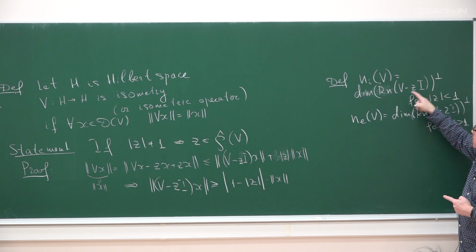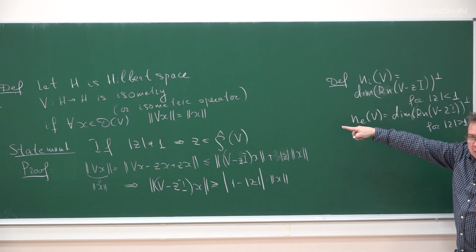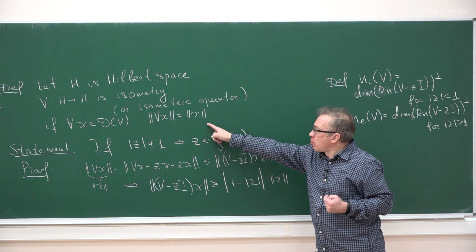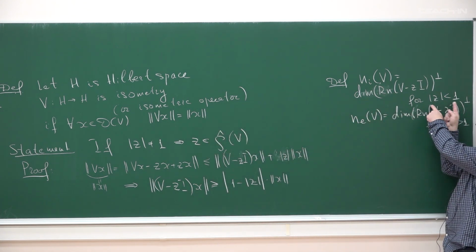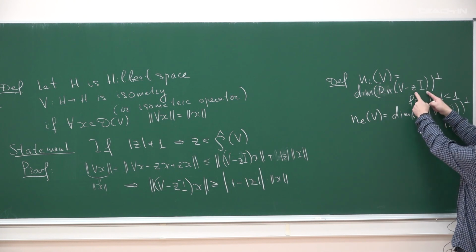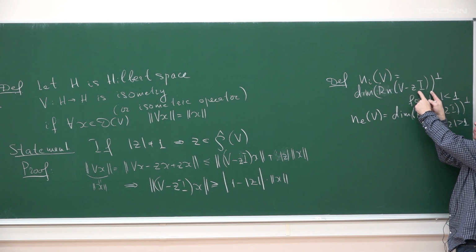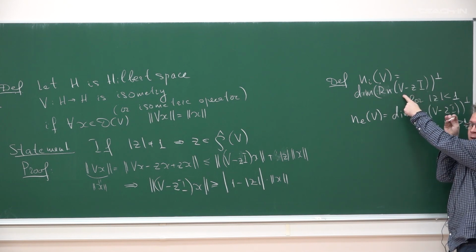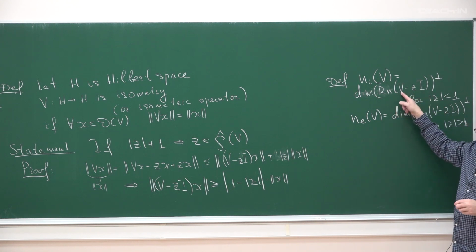So this operator is subordinated to V, of course, because the norm of an isometric operator is 1. If we take z smaller than 1, then it is a small perturbation. It is subordinated because the norm of this operator is smaller. So the defect number of this operator is the same as that of V.